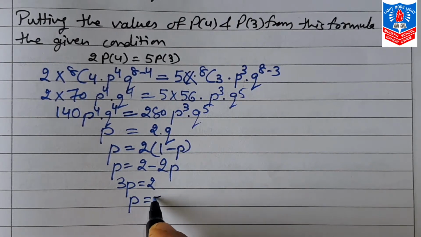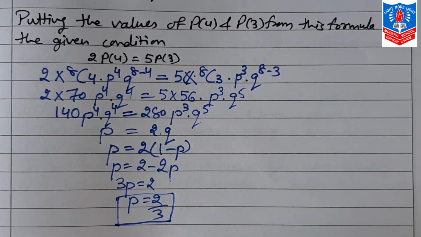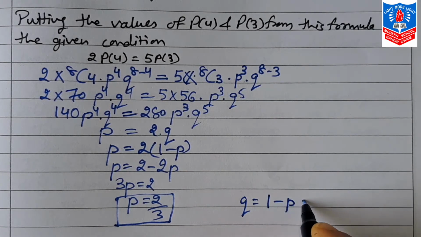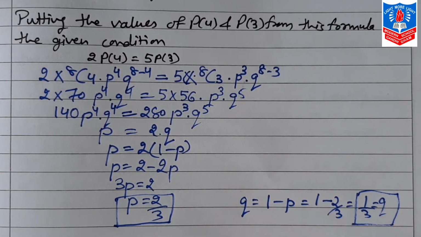So p will be 2 by 3. This is your value of p. Now we want q also. For that, very simple, 1 minus p. So 1 minus 2 by 3 will be 1 by 3. So the value of q is 1 by 3.